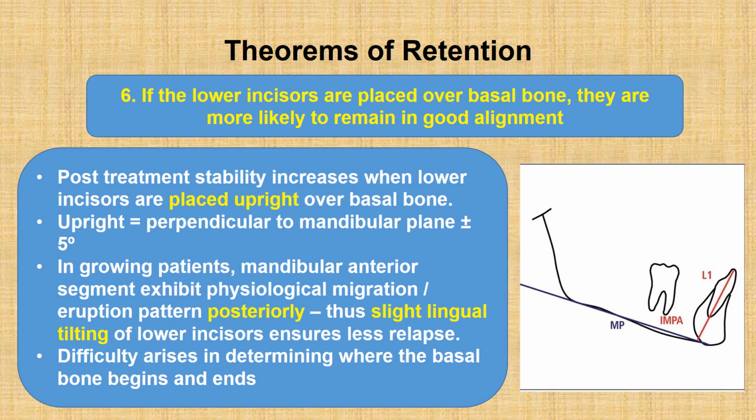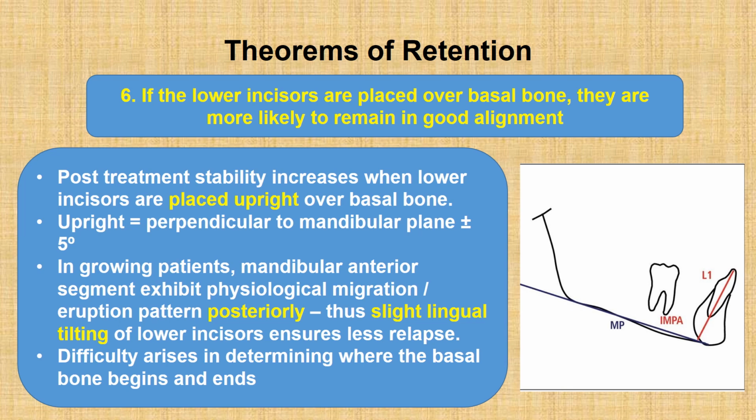Now, if the lower incisors are placed over basal bone, they are more likely to remain in good alignment. Post-treatment stability increases when lower incisors are placed upright over basal bone. Now, upright means it's perpendicular to the mandibular plane plus or minus 5 degrees.